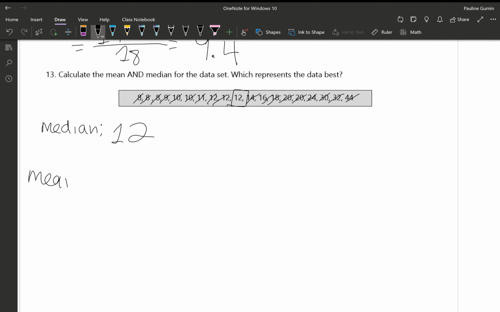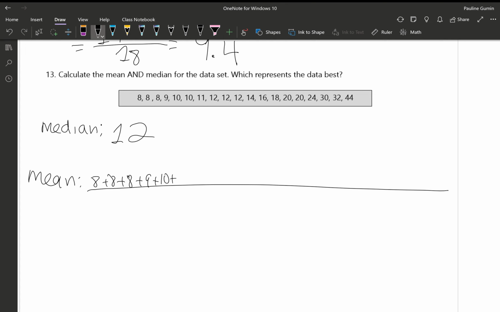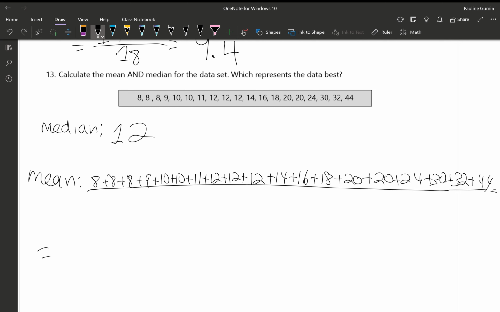Now for our mean. Here we go. We're going to have to add all these numbers together and then divide. Okay, now I wrote them all up there.